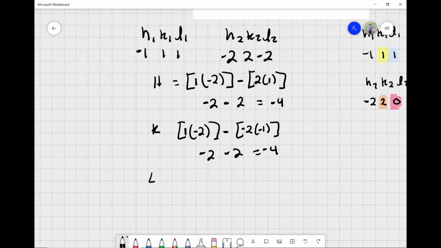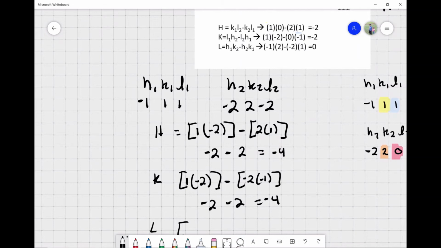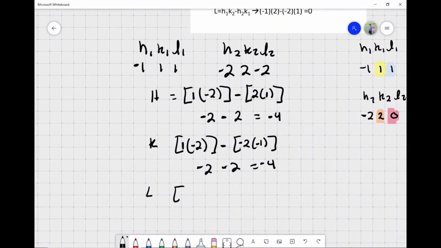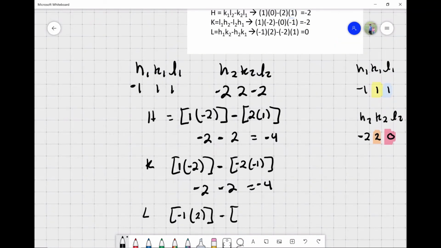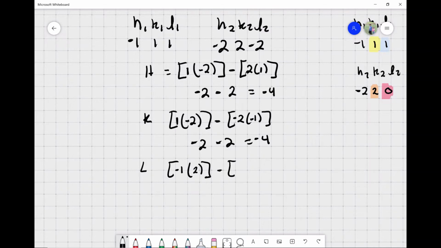And then L, we can look H1, K2, so negative 1 times K2 is 2, minus H2, K1, so H2 is negative 2 times 1.